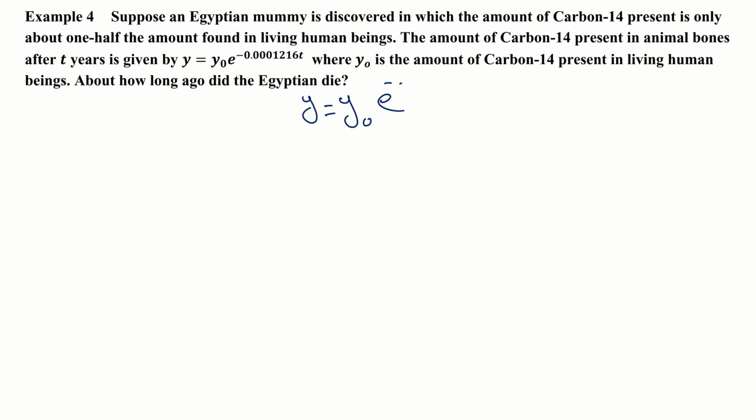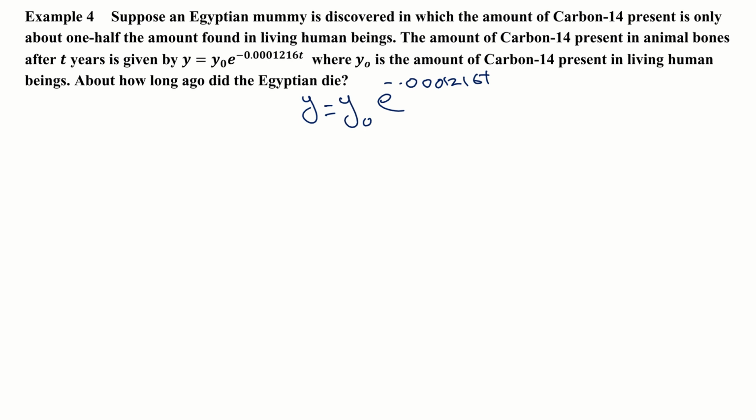Notice that's 1, 2, 3 zeros. You have to pay attention to these details. Now here, y0 is the amount of carbon-14 present in living human beings.